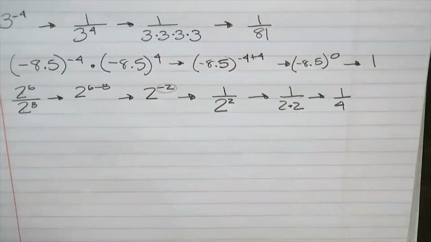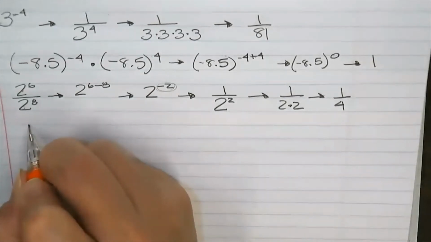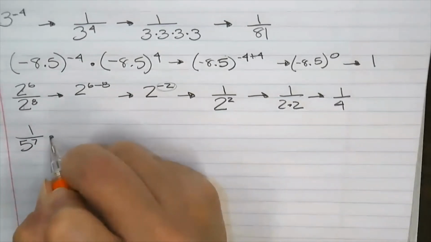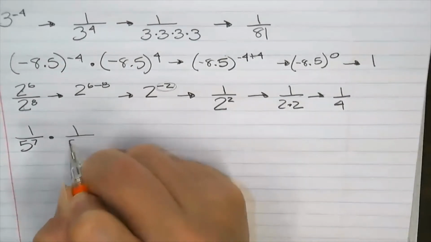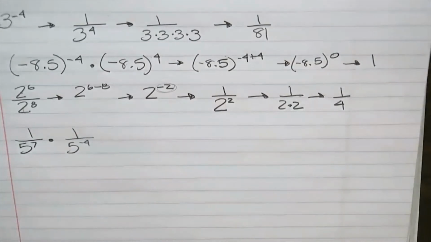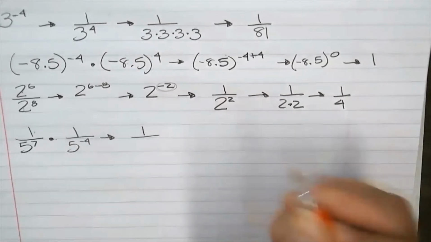Okay, let's do another example. We have 1 over 5 to the 7th power times 1 divided by 5 to the negative 4 power. Okay, this is kind of like yesterday. 1 times 1 is 1.